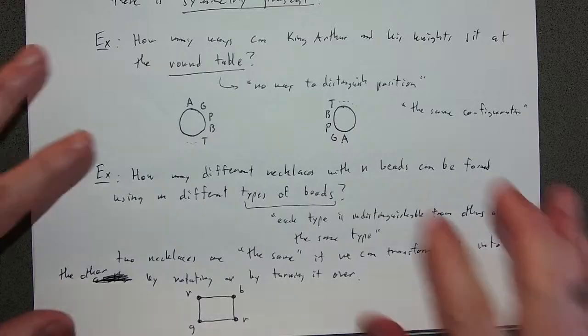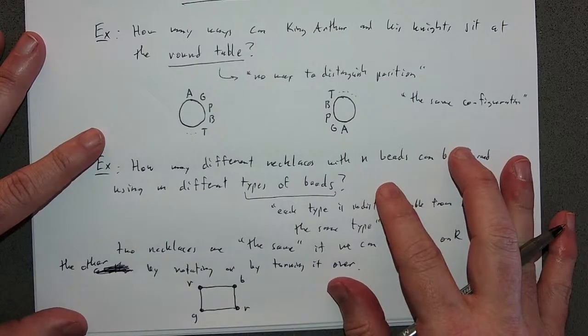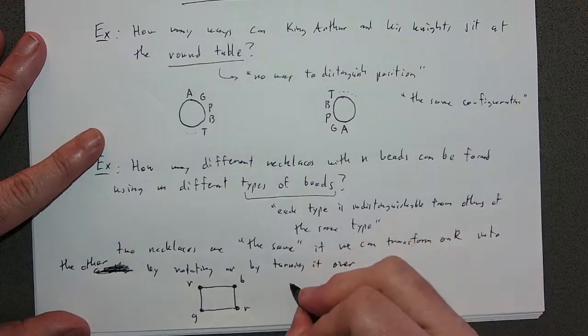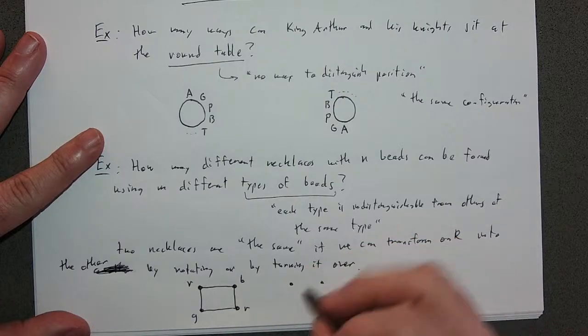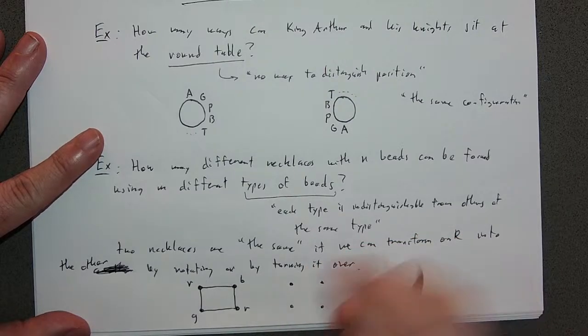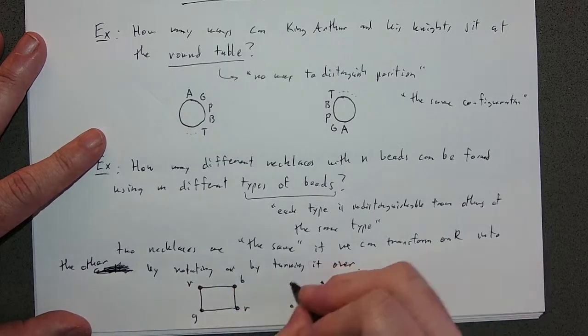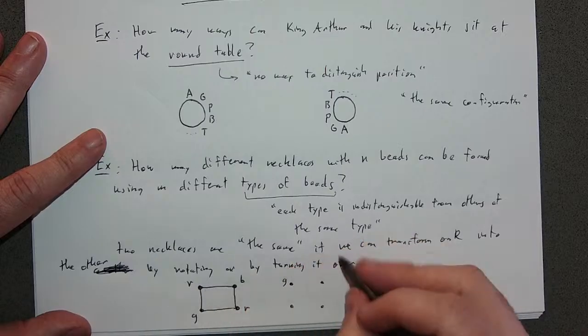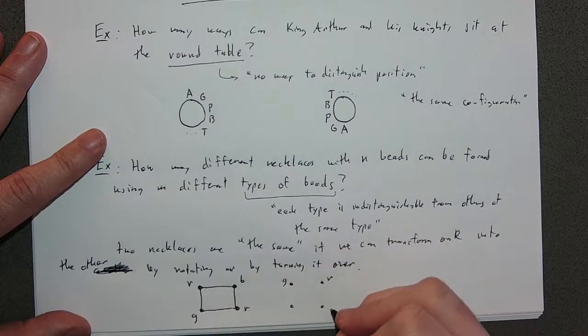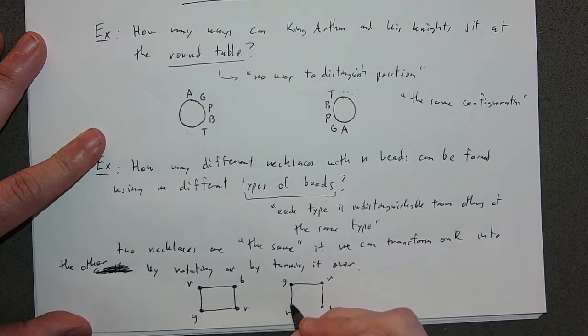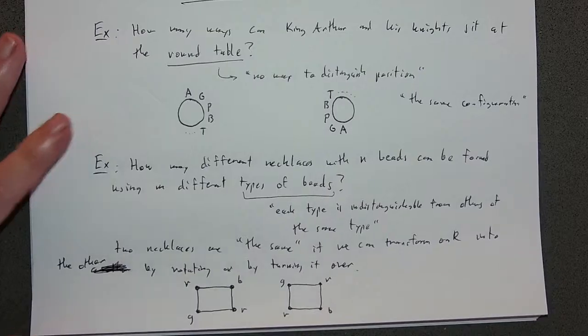Okay. So I could rotate this by sending this vertex here, this vertex here, this vertex here, this vertex here. So this would be G, then this would be R, then this would be B, and this would be R. And so this would be the same as this because it's just rotation.